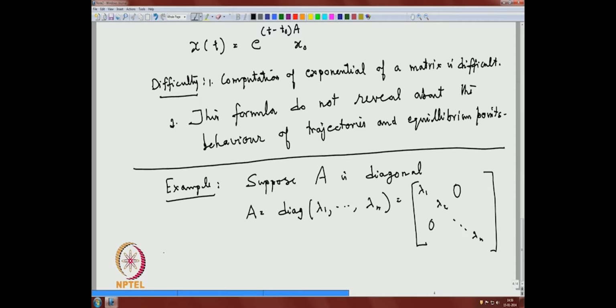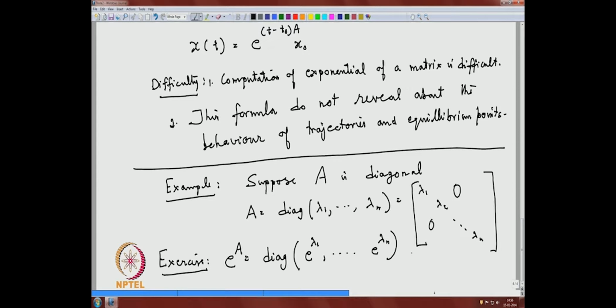This is an exercise from linear algebra which you would have done already. But I will also give you a feeling for what happens to the trajectories of the solutions with this A as the matrix. You can immediately compute that e power A will again be diagonal, with entries e power lambda 1 and so on.